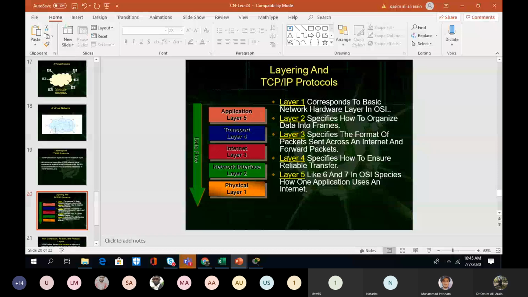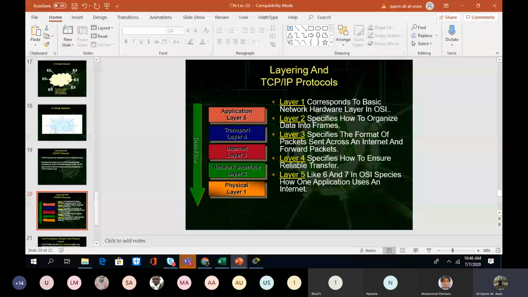The responsibility of the presentation and session layer is to make your data understandable to the end user, ठीक है, that would be helpful for the end user. That is why we have removed presentation और session because there is no direct connectivity of the TCP/IP model with the OSI model, right?